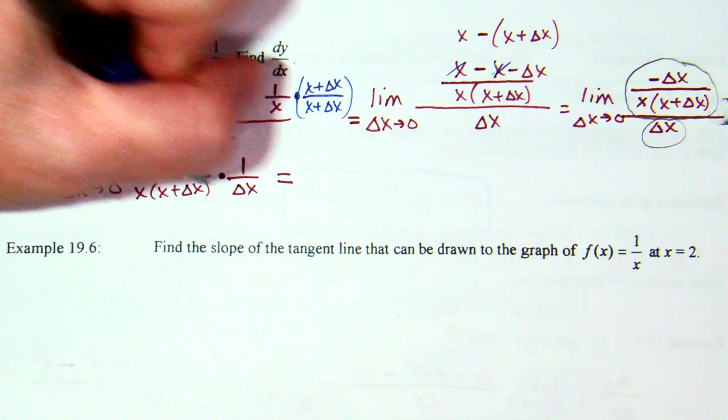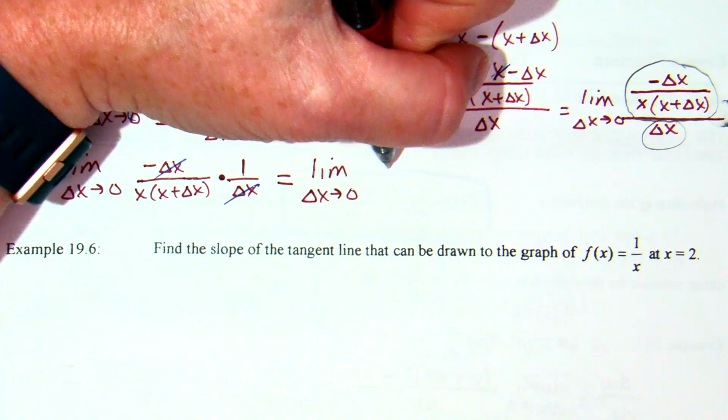Last cleanup. The limit as delta x approaches 0. On top I have a negative and a 1, so negative 1 over x times x plus delta x. Okay, I've done all the simplifying I can. What do I do when I hit that point?